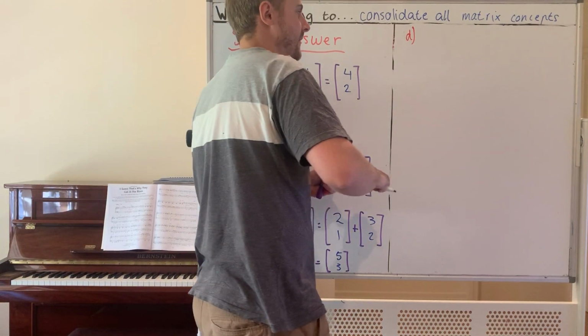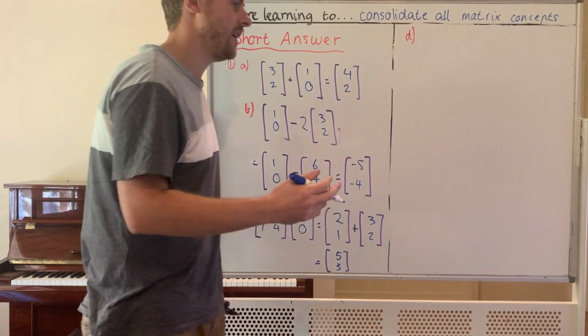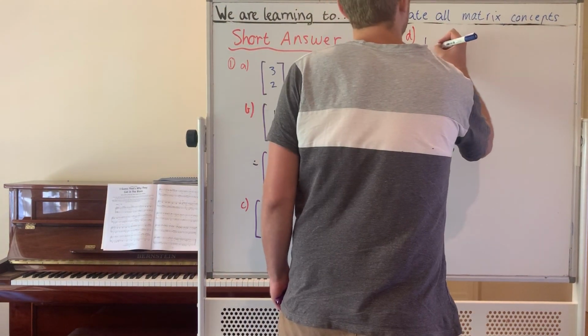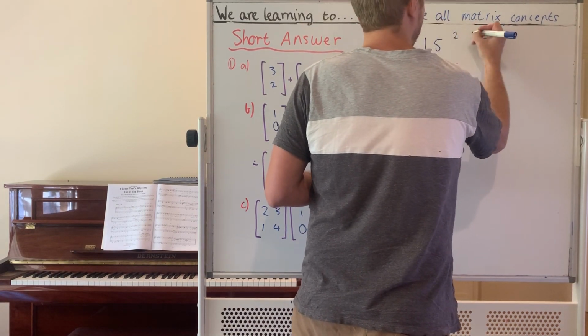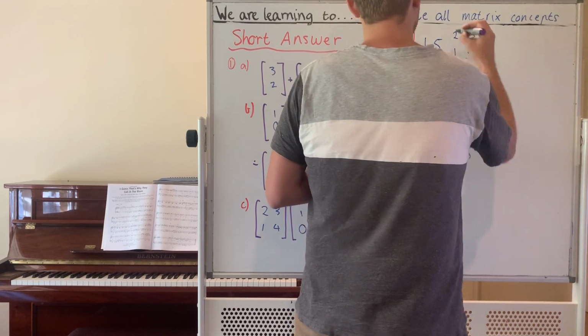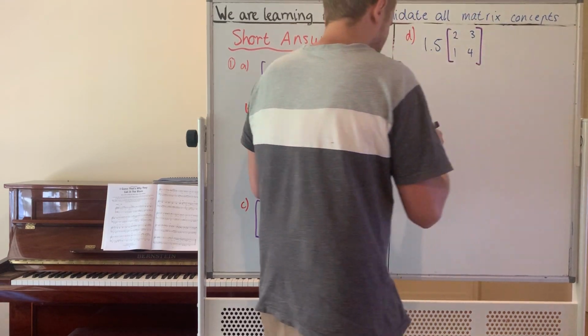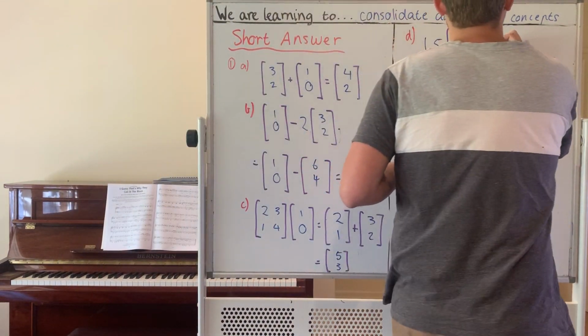Alright, 1.5 times A, so again, scalar multiplication where you multiply a matrix by a number. So remember, you just multiply it to every single element within the matrix.